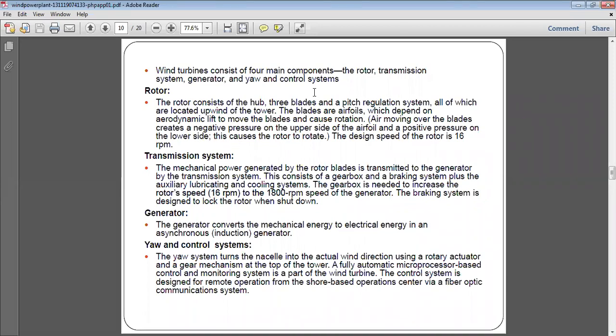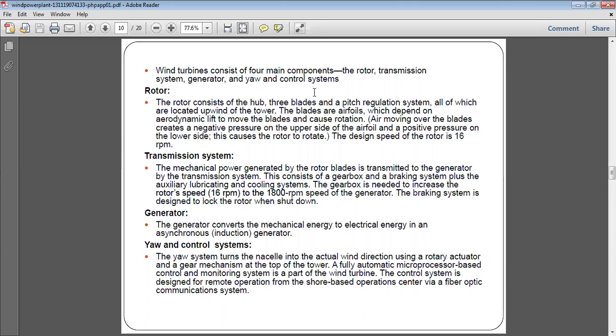The gearbox is needed to increase the rotor speed, as we have discussed, from 16 rpm to the 1800 rpm speed of the generator. By the engagement or disengagement of gears in the gearbox, we can increase the speed from 16 rpm to 1800 rpm for the generator.